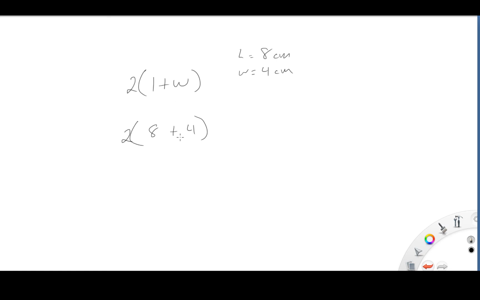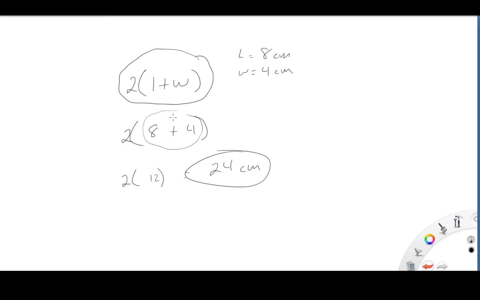Alright, how do we do? Well, first of all, we're going to do what's inside the parentheses first. So what's 8 plus 4? That's 12. So 2 times 12 equals 24 centimeters. So again, we're using a formula, putting our numbers in, multiplying it out, and we get our answer.